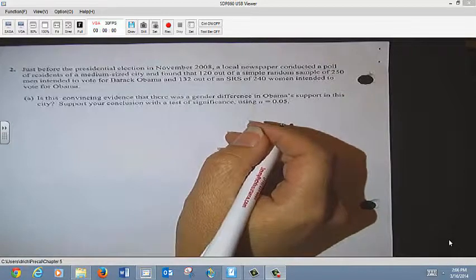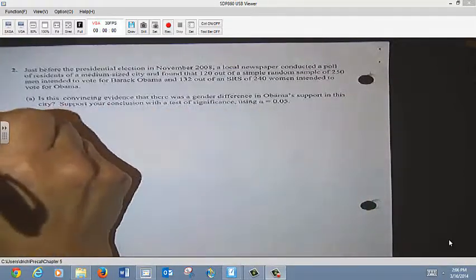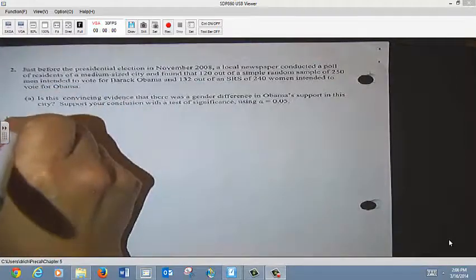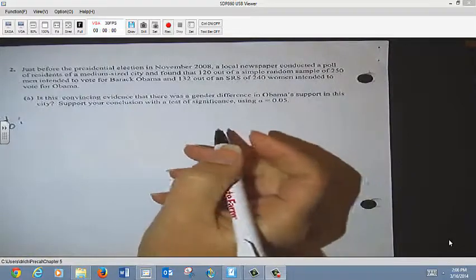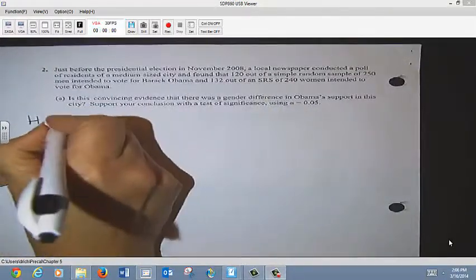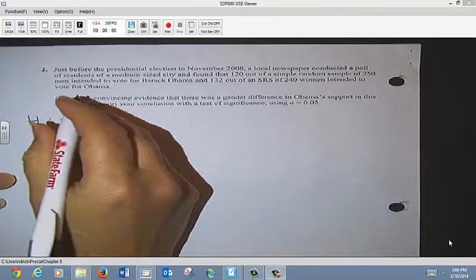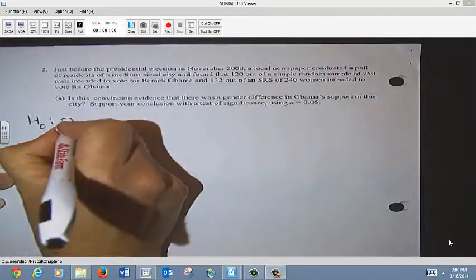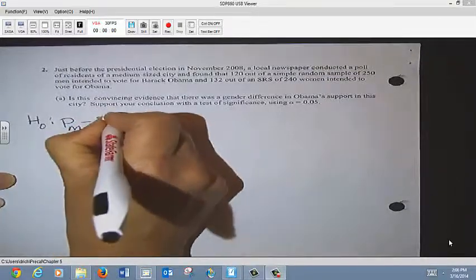So what are we trying to say here? We are testing a null of no difference, and we could do male minus female or female minus male. Either way, it's not going to be wrong as long as you define it correctly. But I would say the proportion of males minus the proportion of females voting for Obama is equal to 0.